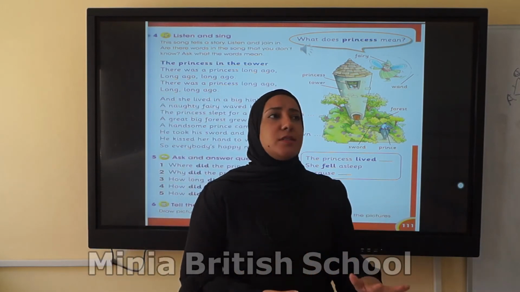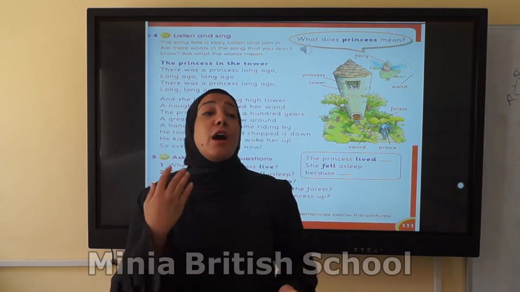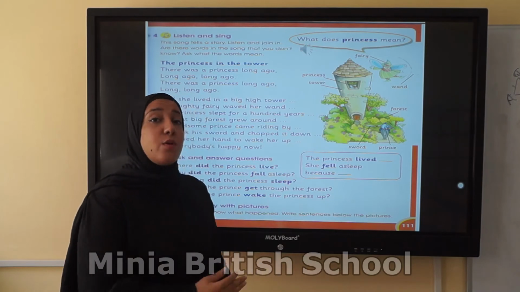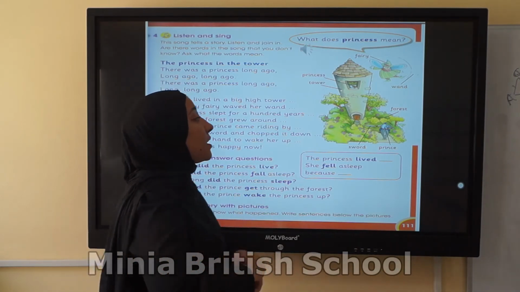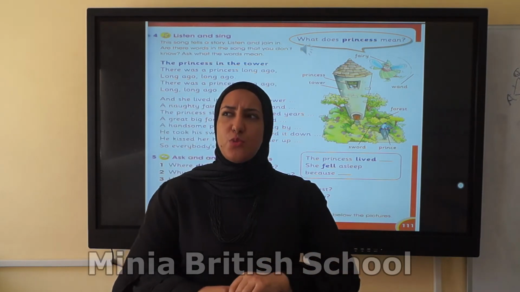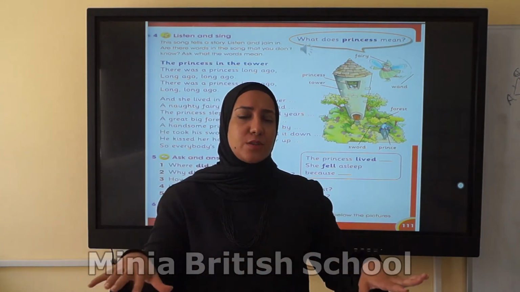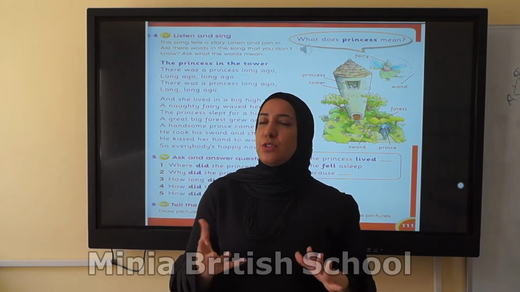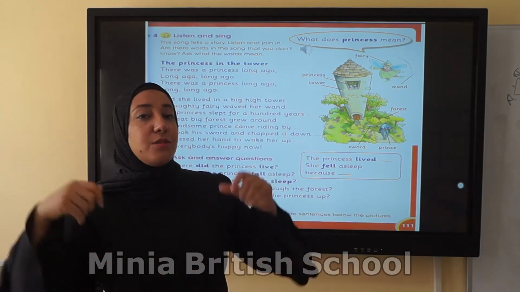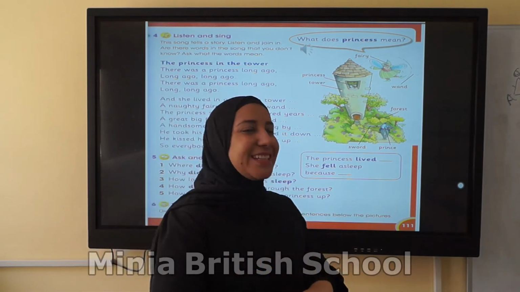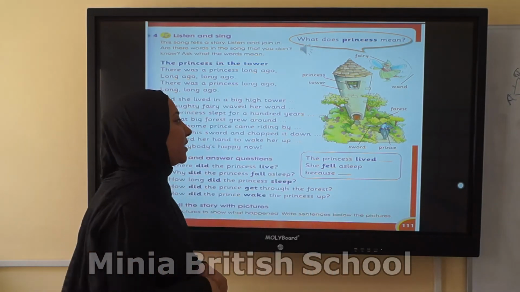Okay. The forest. Who lives in the forest? I think wild animals live in the forest. Okay. The prince used what to chop the grass in the forest? He used the fairy's wand, the crown, or he used, excellent, the sword.